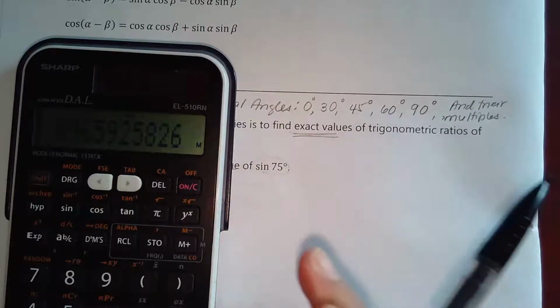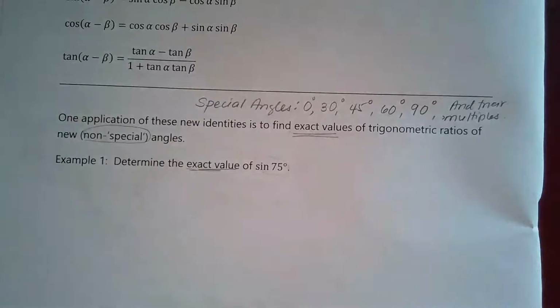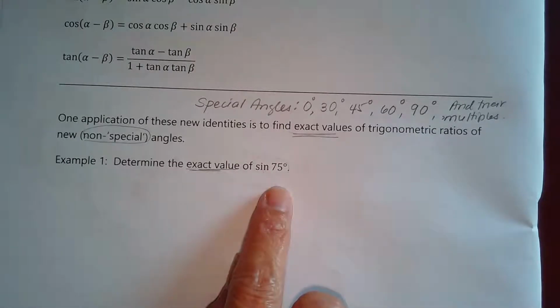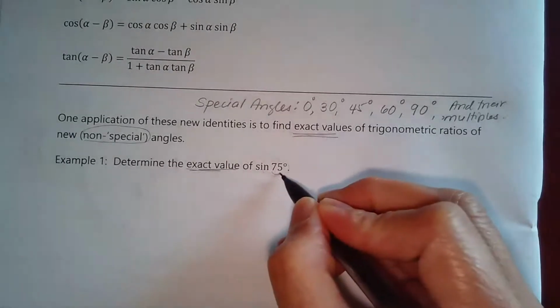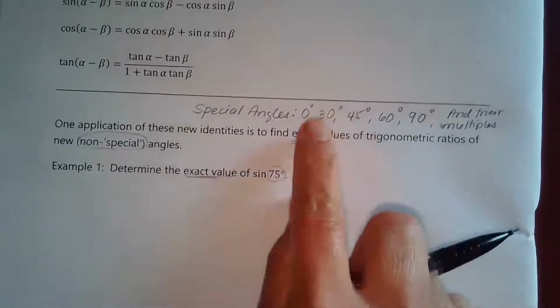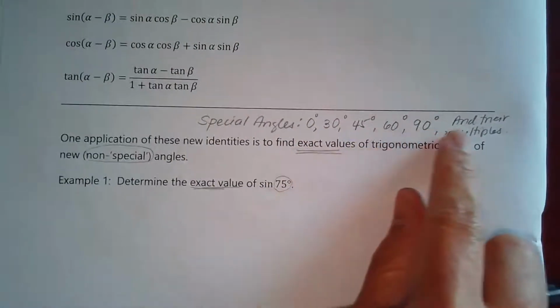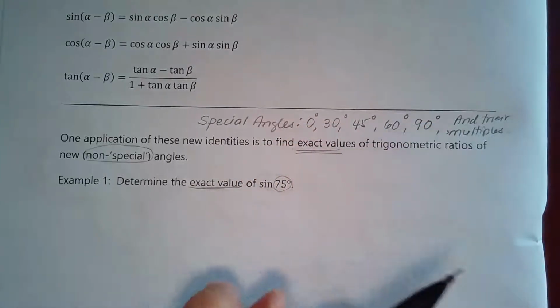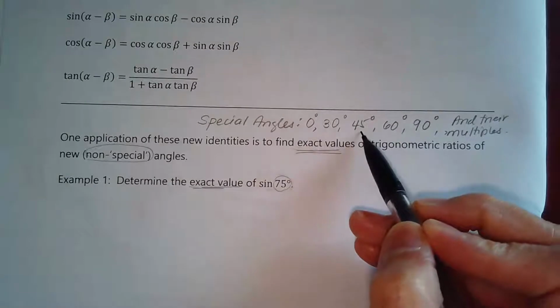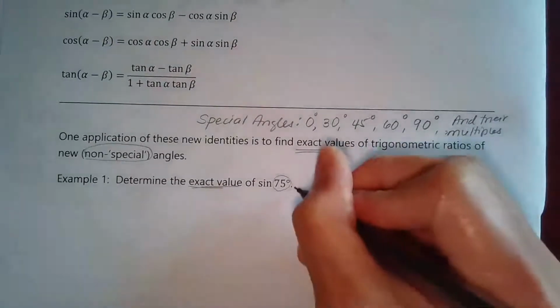So how can we figure out the exact value in this particular case? Let's use the trig identity that we know of. How can we get 75 from any of these angles that we know of? Well, to get a 75, we can go 30 plus 45. That makes 75.